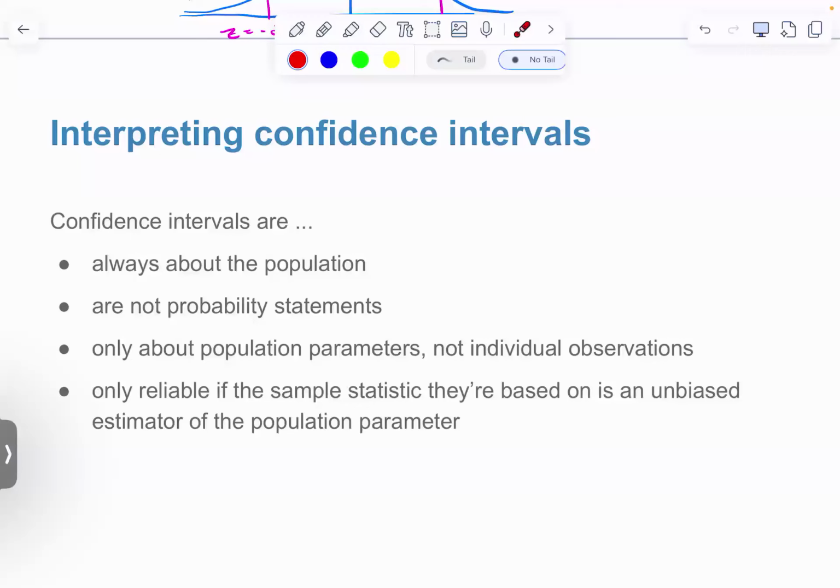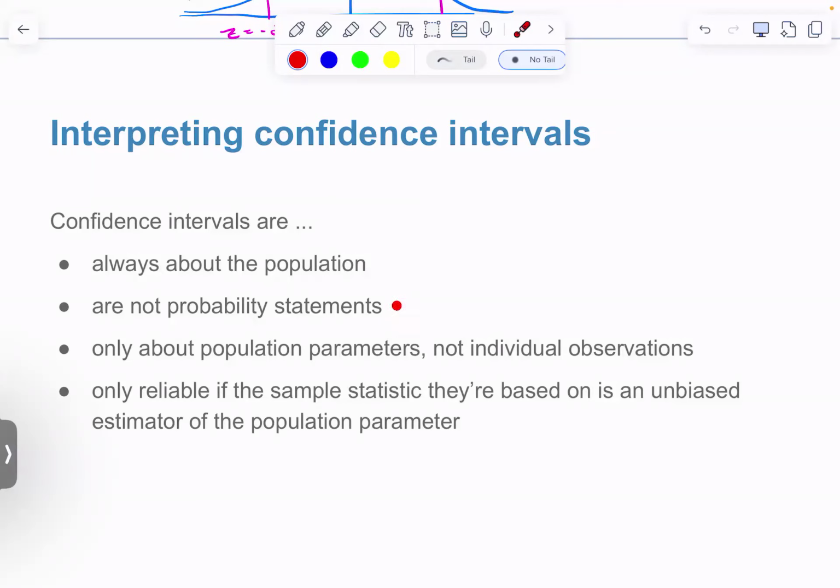So confidence intervals, as we've established, are always about the population. You know everything there is to know about your sample. You know your sample proportion. You're 100% confident that the sample proportion is this, right? But we're trying to learn about the population. And they're not probability statements, because the population proportion, I point at the stapler, is fixed.